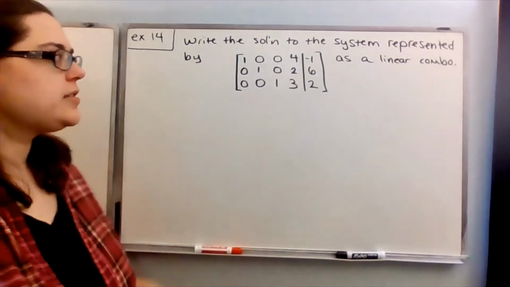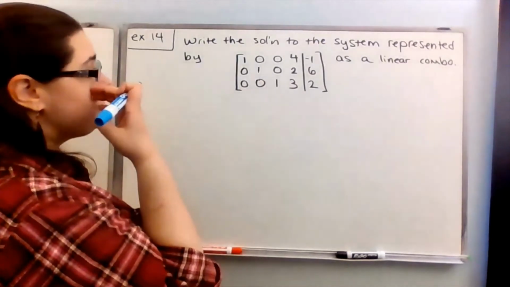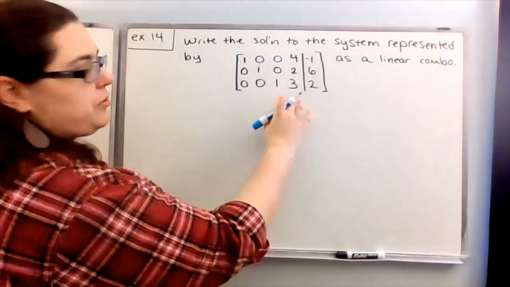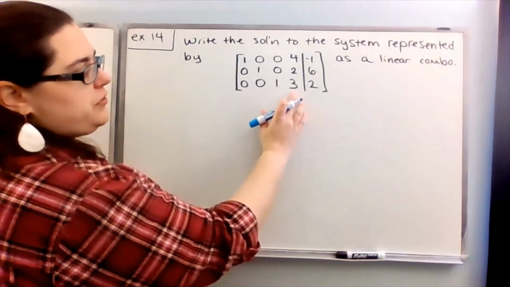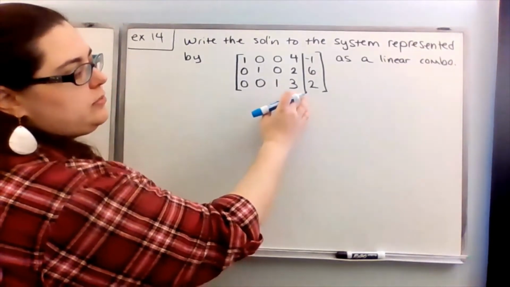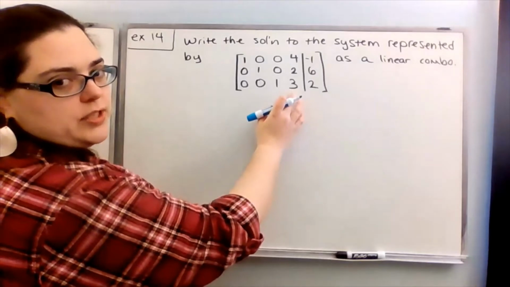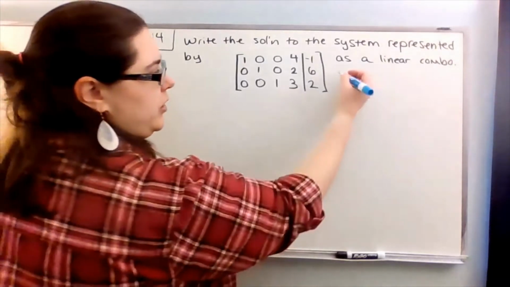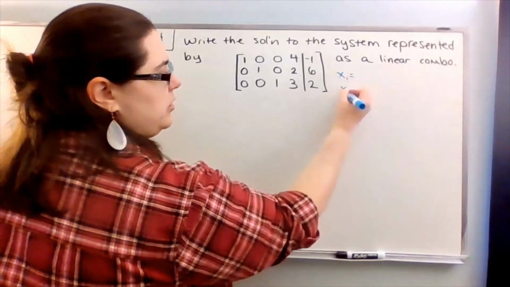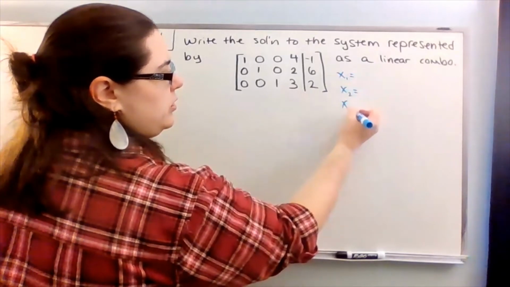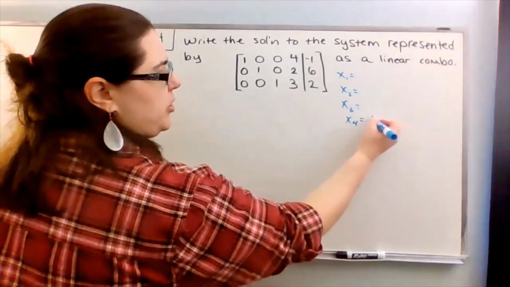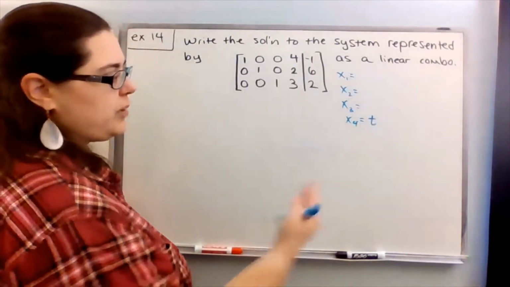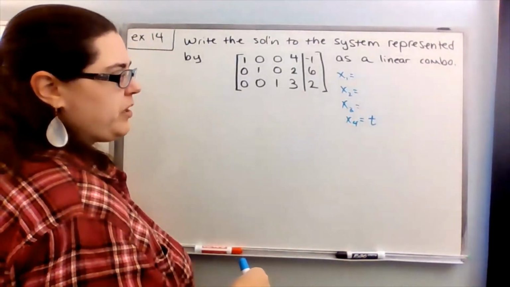In this case, let's use x1, x2, x3, x4. There's no pivot position for x4, which means x4 is going to be our parameter. So I'm going to set up a list here. x4 is our parameter because it has no pivot position, and I'm going to choose to use t for this.